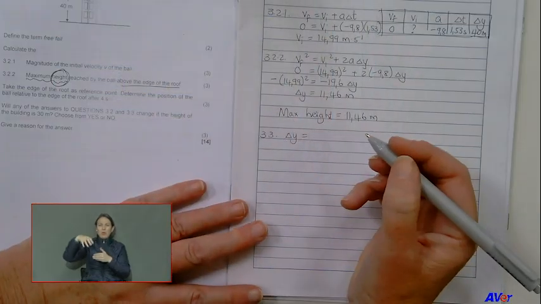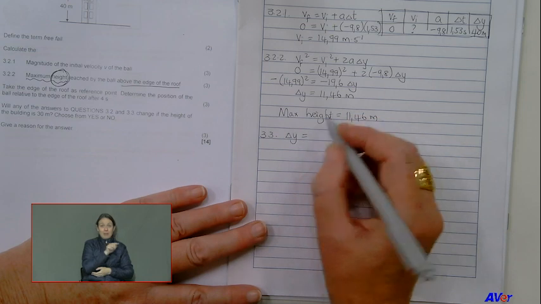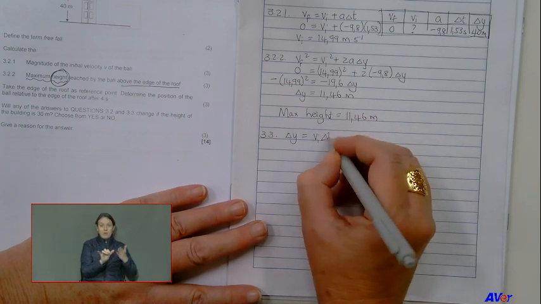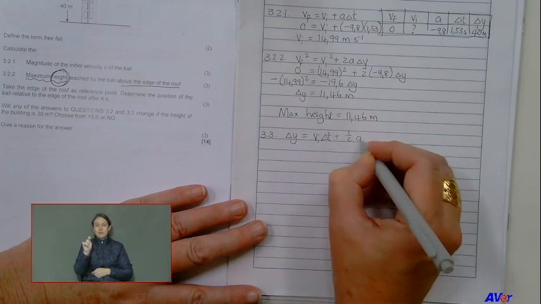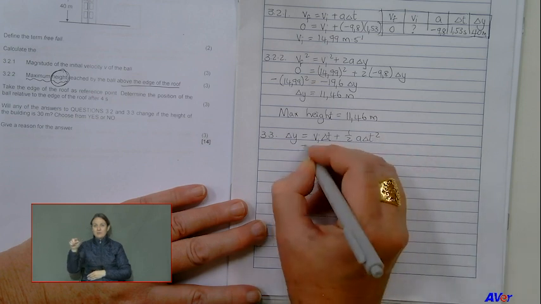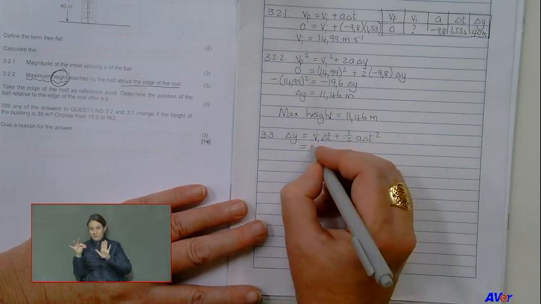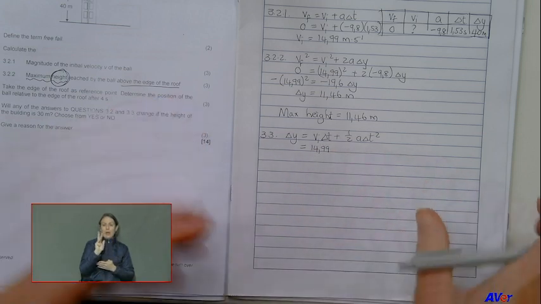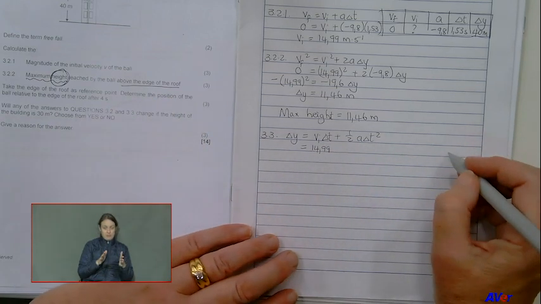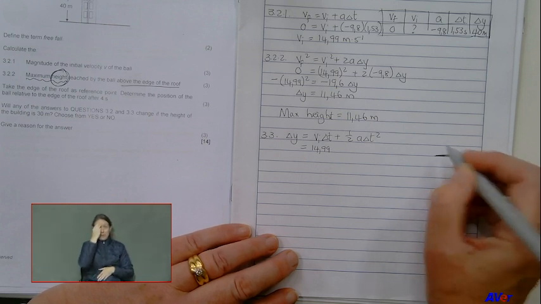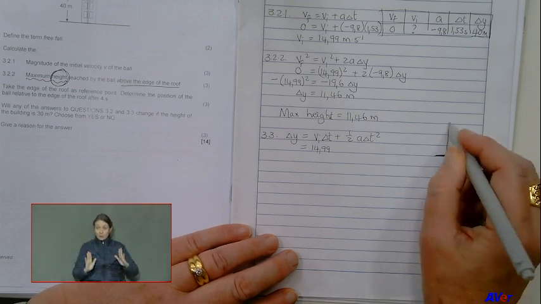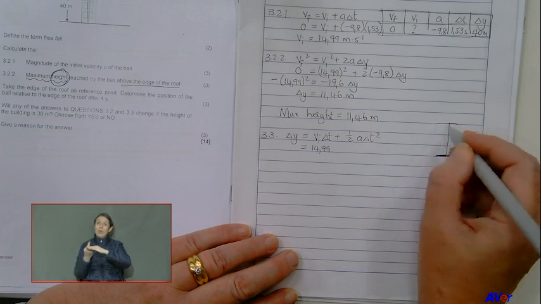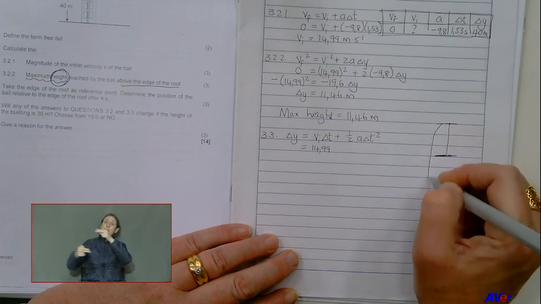Okay, so my formula, delta Y, because I must determine a position, delta Y equals VI delta T plus a half A delta T squared. I did calculate my initial velocity, 14,99. Okay, before I continue, just for the picture, there's your roof. So the ball will go up until maximum height, and now it's going to turn.